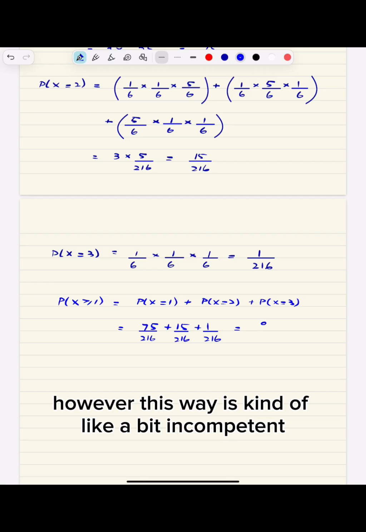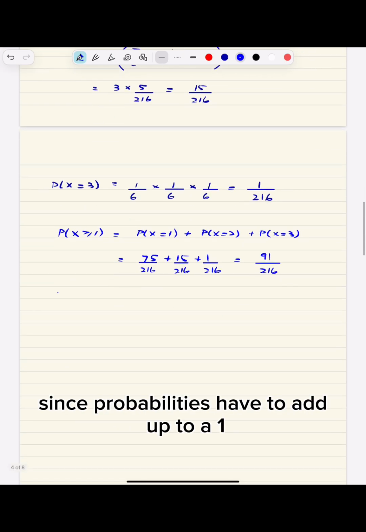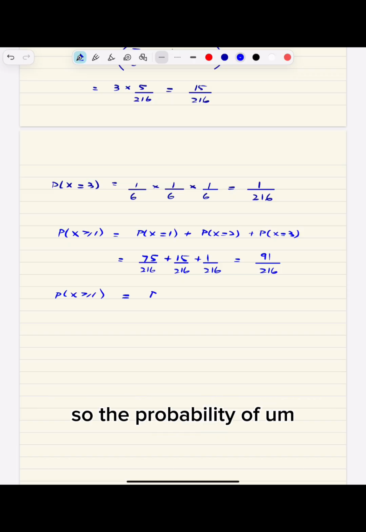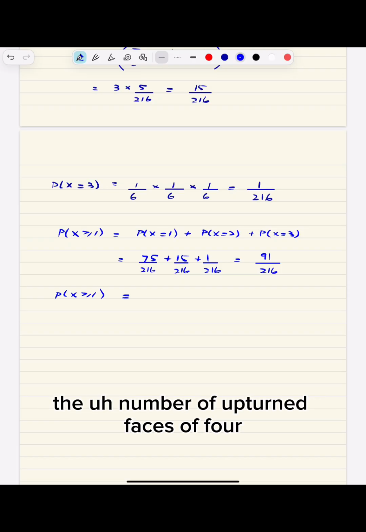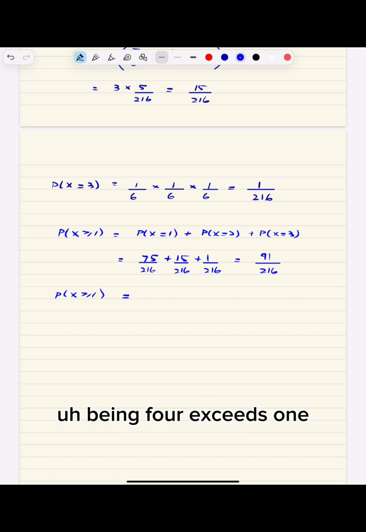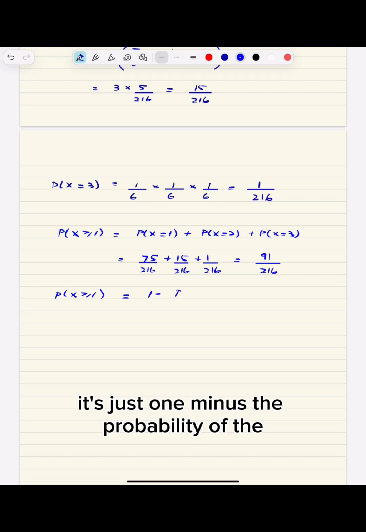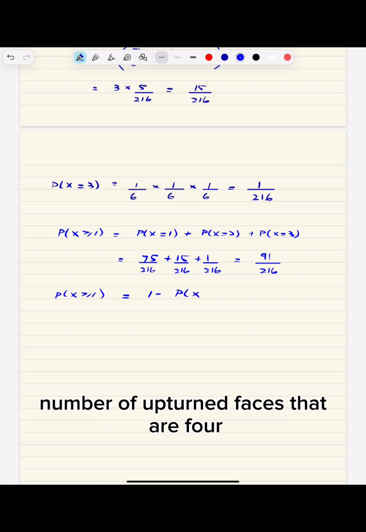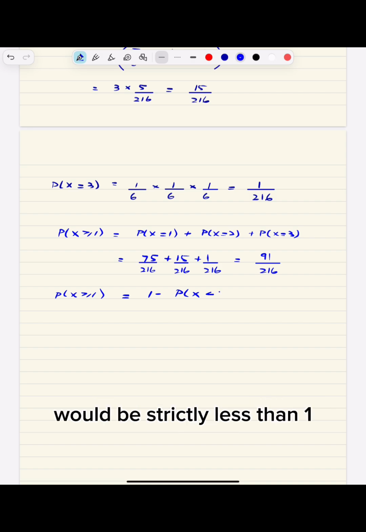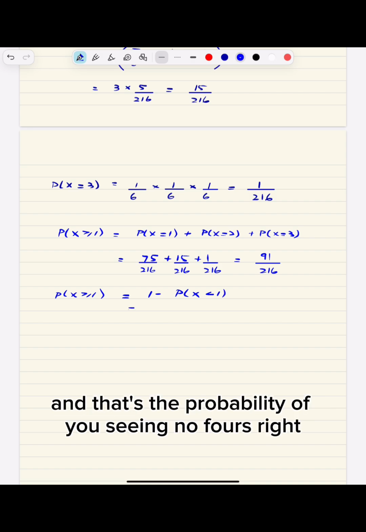However, this way is kind of inefficient, because we know that probabilities have to add up to 1. So the probability of the number of upturned faces that are 4 exceeding 1 is just 1 minus the probability of the number of upturned faces that are 4 being strictly less than 1, and that's the probability of you seeing no 4s, right?